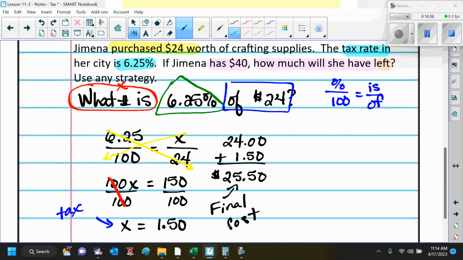Make sure you label everything, okay? Final cost. Is that my final answer? No, what do I have to do now? Very good. So we want to do $40 minus $25.50. And what do you get? $14.50. So this is how much change she's going to have, right?